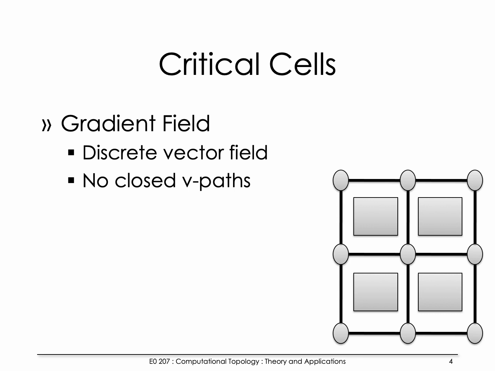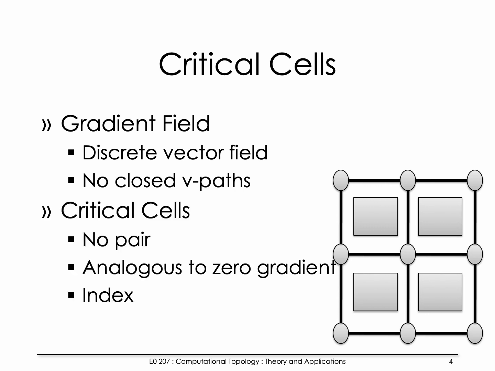A critical cell is a cell in the cubical cell complex which has no pair. So this is analogous to the notion of a zero gradient in the smooth case.